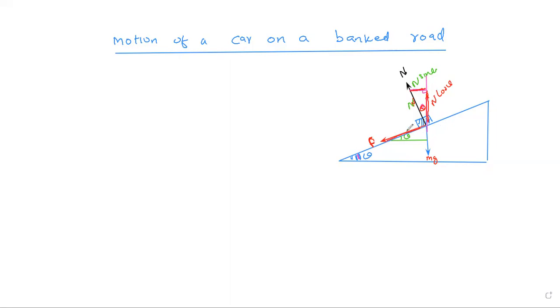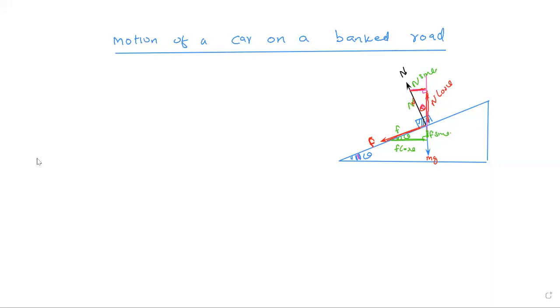So hypotenuse is the friction. About this theta, this side is the adjacent side, and the adjacent side is the cos component. So the hypotenuse is friction, so it is F cos theta. And the opposite side is F sin theta. Clear, right?